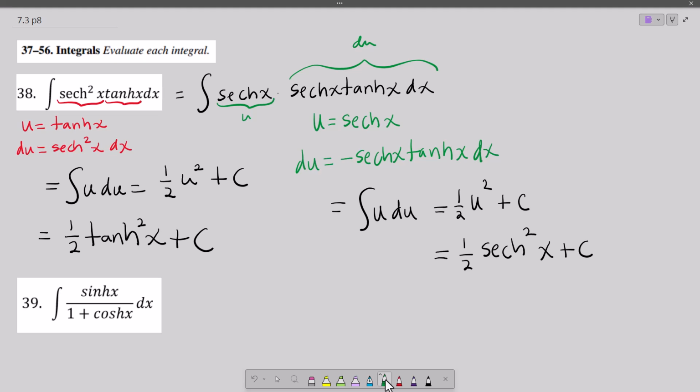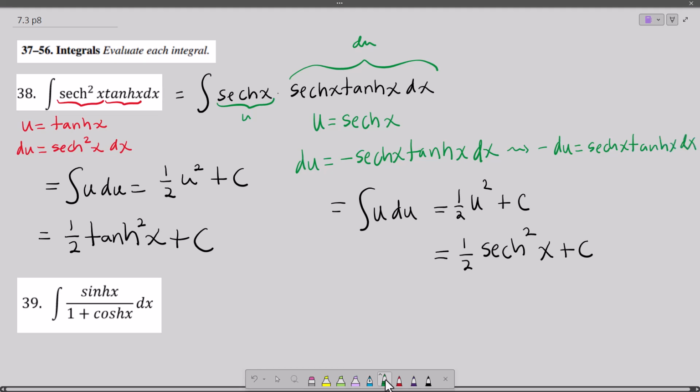Momentary lapse of insanity. So that's going to be negative. And so when we come back up, what we do is move the negative to the other side. So we're going to have negative du. What that's going to put in here is when we convert to du, we're going to factor that minus sign right out to the front. So that's going to give us a negative right here and a negative right here.